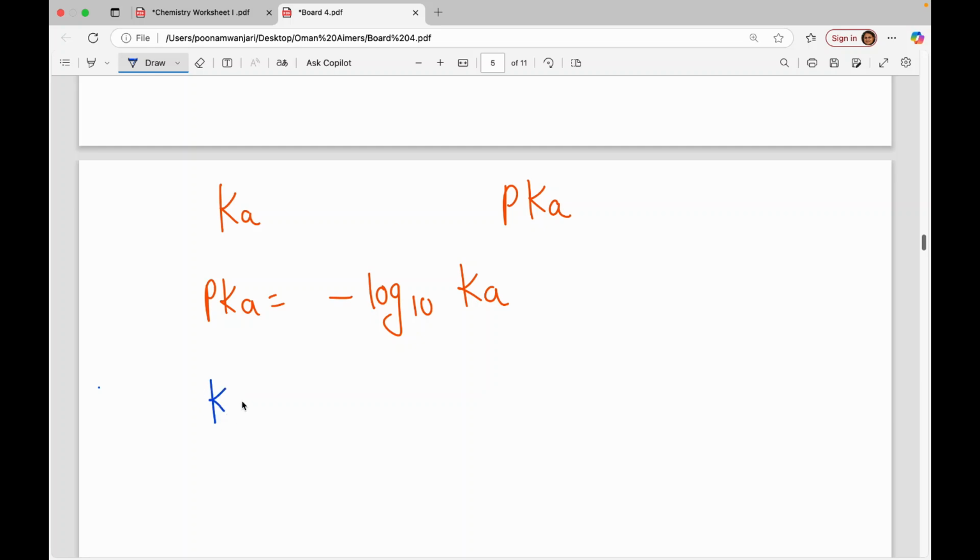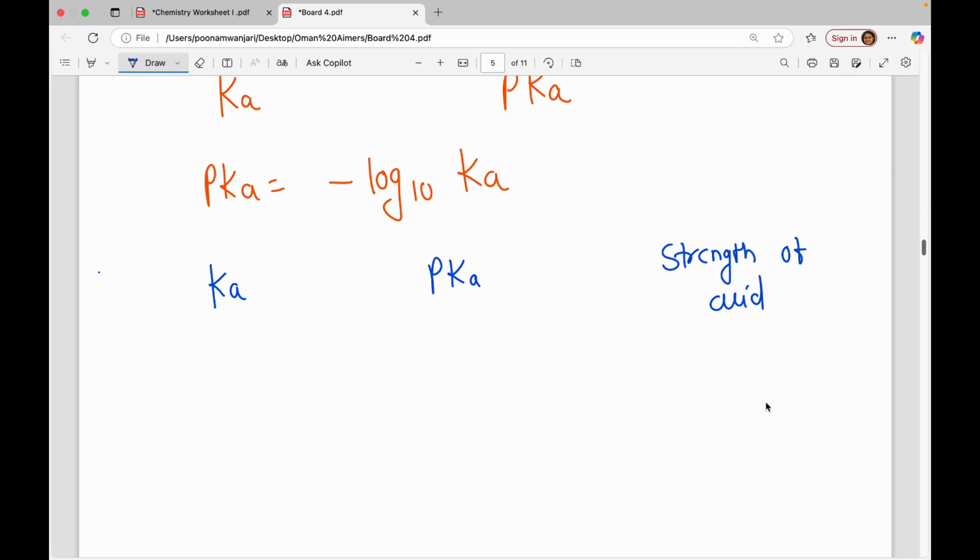There is a relation between Ka, pKa and strength of acid. If you have a problem, see my video on strength of acid, where you will find this. So Ka is directly related to the strength of acid.